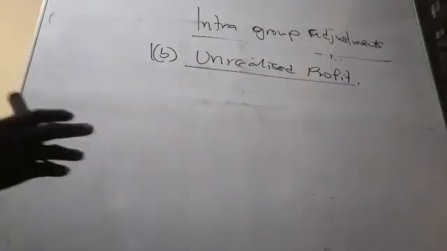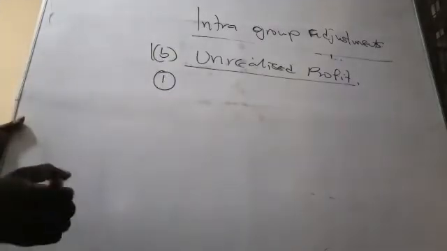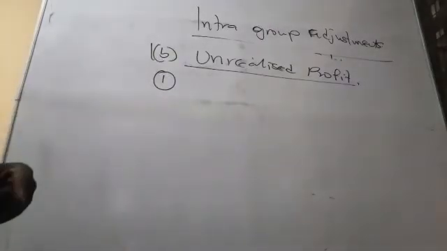We look at only 2. The first one is PUP on goods left in inventory. Now let's see. Unrealized profit simply means one of the members, either the parent or the subsidiary, has made a profit from the group, but that profit is still within the group.